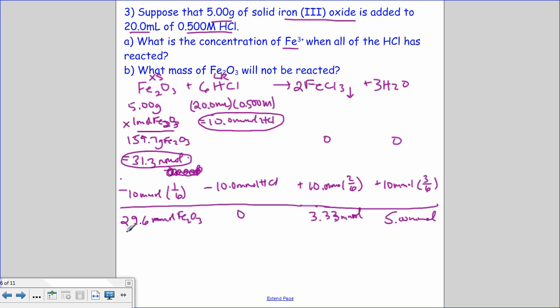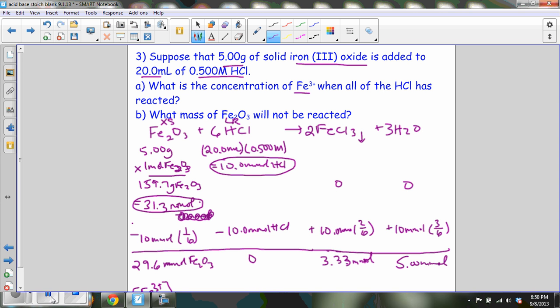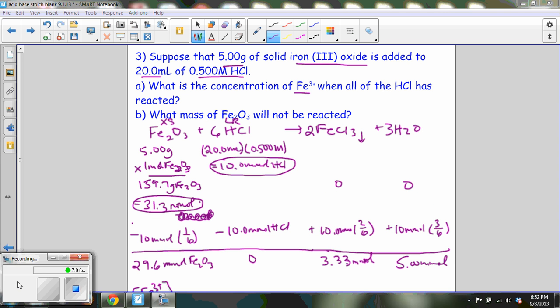What's the concentration of Fe3+? That's left over when all the HCl has reacted. So all that's gone, what's left over? Alright, I continue to lie to you.